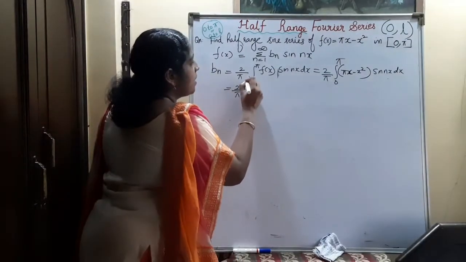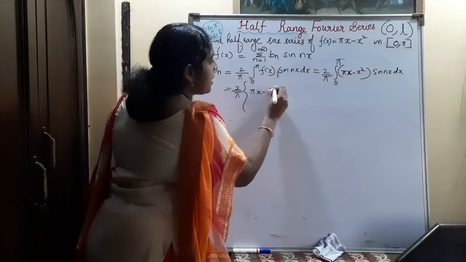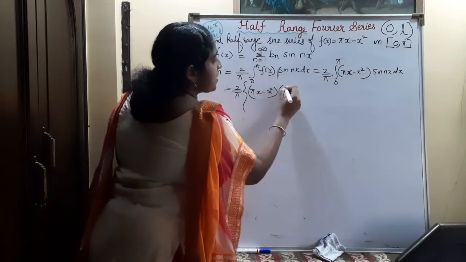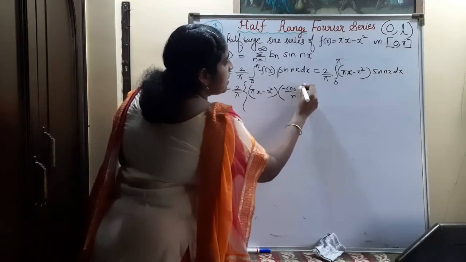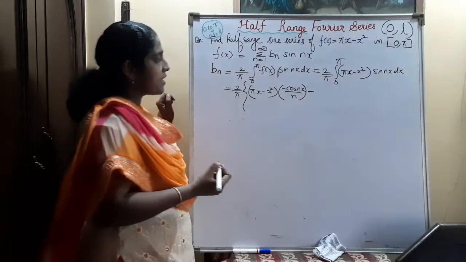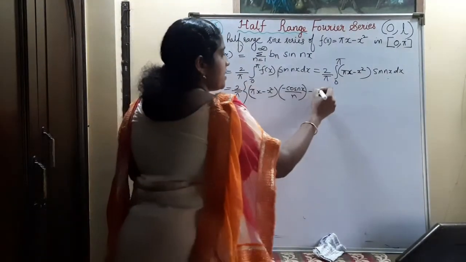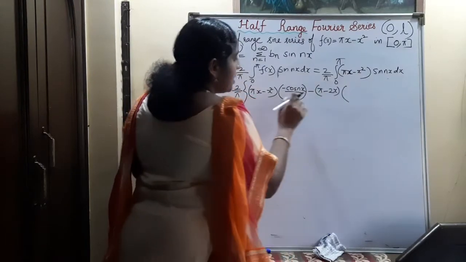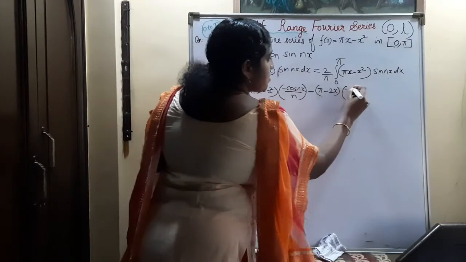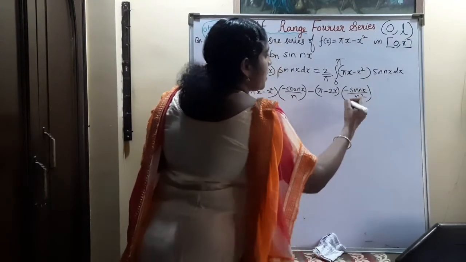That is 2 by pi, then first function, that is pi x minus x square, into integral of the second function, that is minus cos nx by n, plus minus, second function minus derivative of this function, that is pi minus 2x into integral of this function, that is minus cos nx integral is sin nx by n, already n is there, n square.